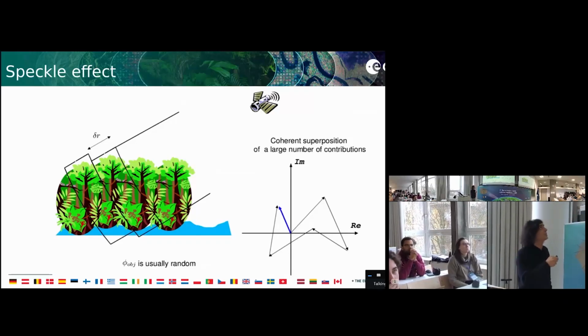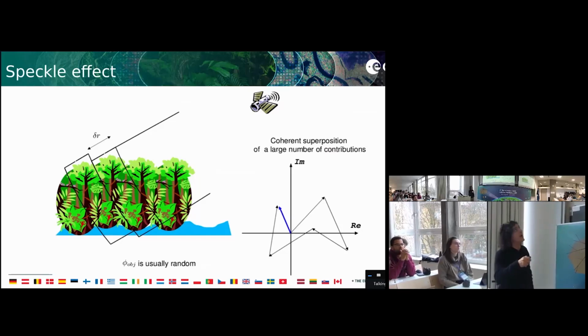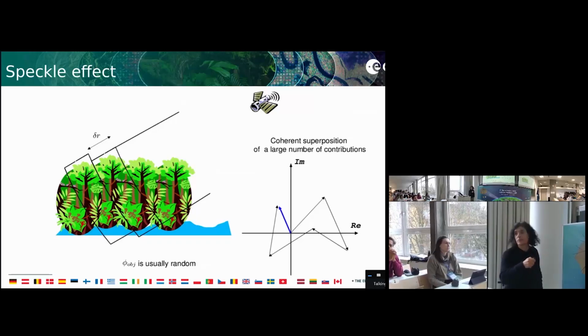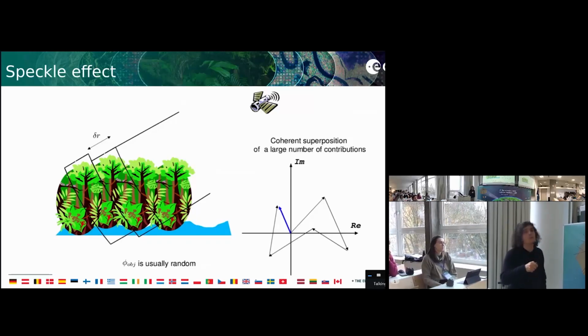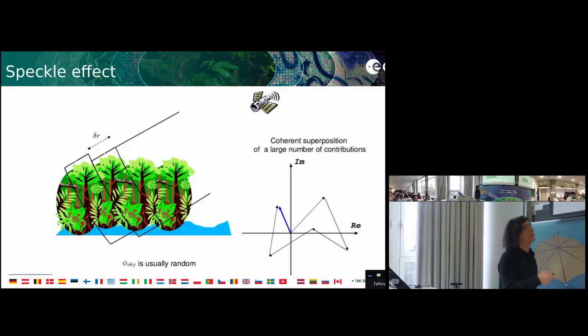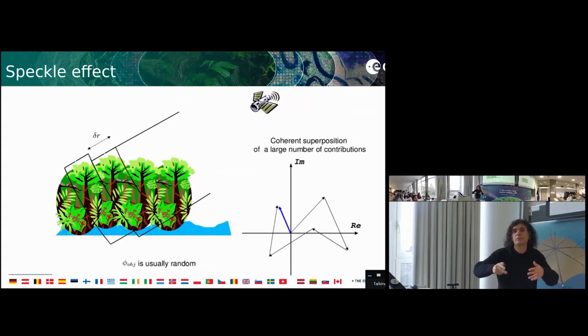When I measure this kind of environment, this is a sketch of a tropical forest, I will have responses from every scatterer located inside the resolution cell. The global response will be the sum of all these contributions, weighted by this complex exponential term. When I make this sum in the complex plane, I sum up contributions that are more or less not related one to the other, completely random.